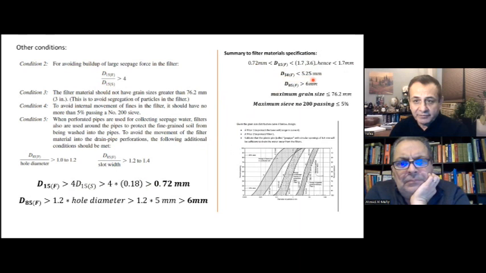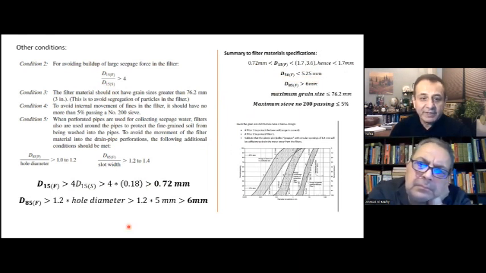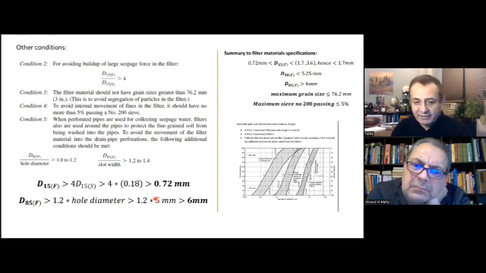And D50 from the previous condition should be less than 5.25. And finally, D85 of the filter greater than 1.2 the hole diameter. If you remember, we have 0.5 centimeter for the perforation diameter, that means 5 millimeters. So that means D85F should be greater than 6 millimeters.